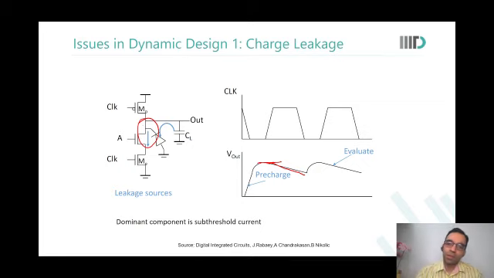And this then needs to be restored. There is no way to restore this. So what you need to do otherwise is give the next clock pulse. Clock goes to 0, then again it precharges back. So you need to give this refresh kind of pulse over and over again. This also leads to extra power consumption.